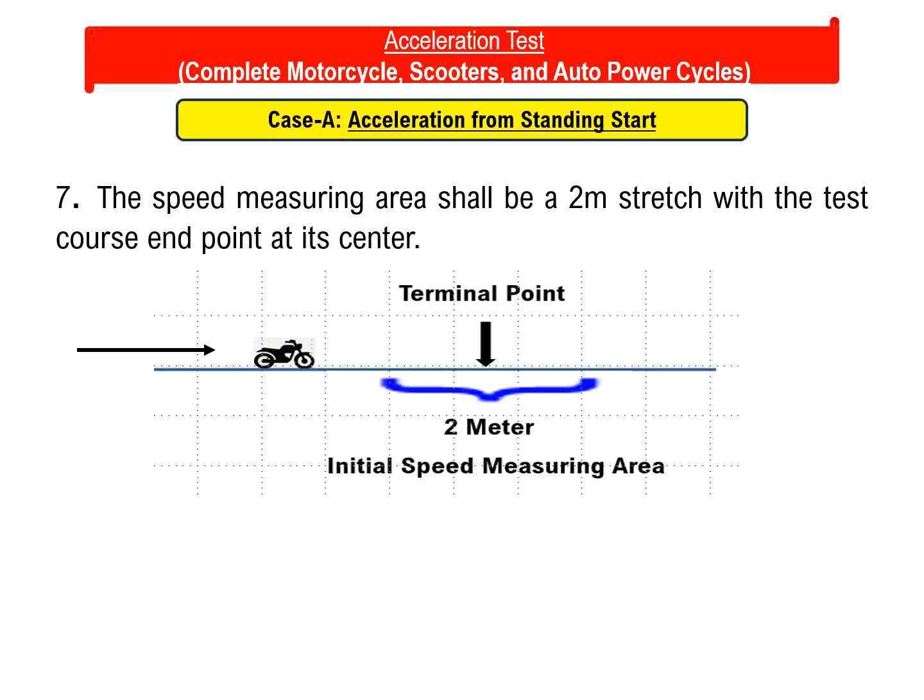The speed measurement area shall be a 2 meter stretch with the test course endpoint at its center. It is to ensure that the rider is following the protocols applicable to this test.